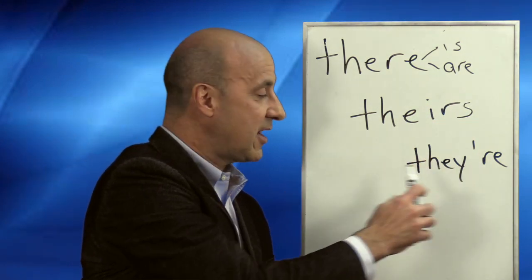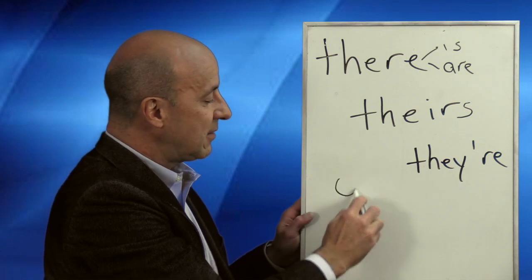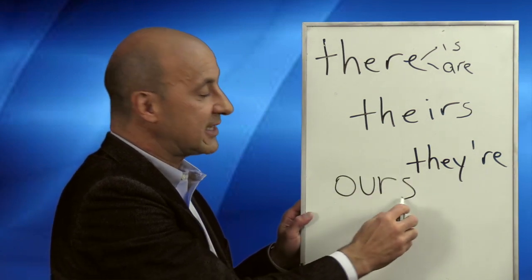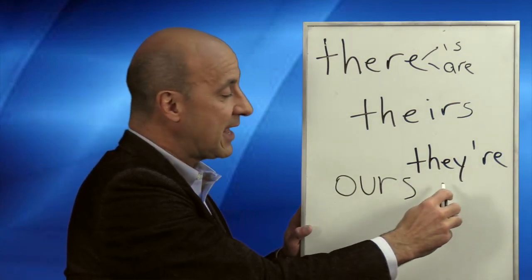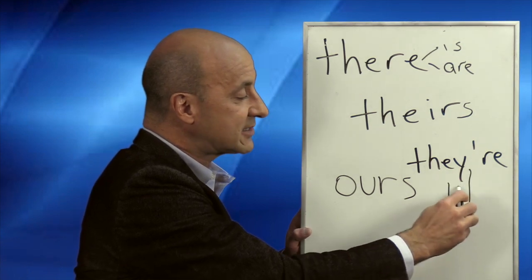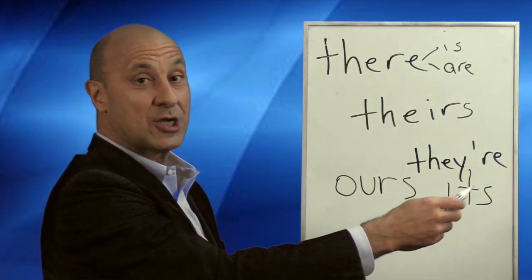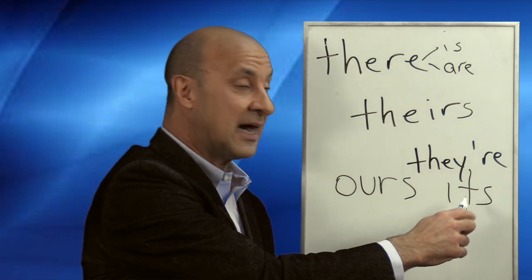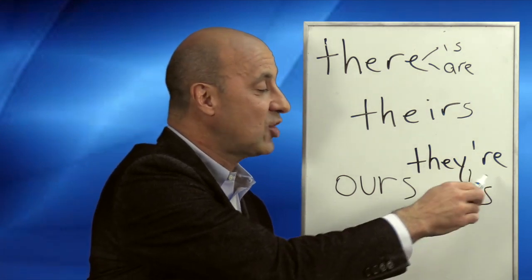But for the word theirs, for the word ours, it's ours, and the word its, like in its home, not it is home, but its home, there is no apostrophe there.